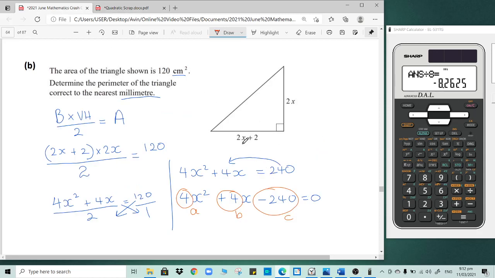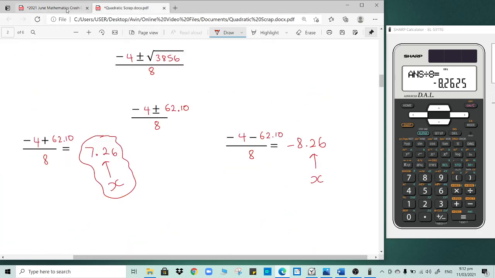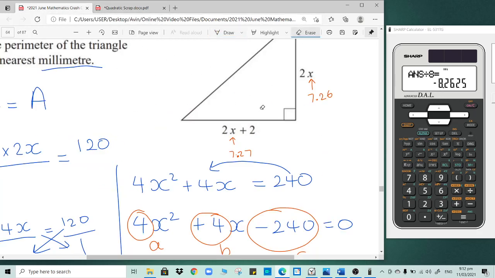So we're going to replace this x here with 7.26. Sorry for the small writing. Let's zoom in here a little bit. And we have to replace this x with 7.26. It's 6? Yep, it's 6. I put 7 here by mistake. Let me just erase it. 7.26. So let's work out this length here and then this length.